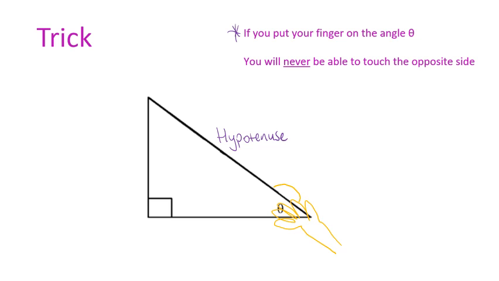So I can touch this side here, which is the hypotenuse, and I can touch this side here, but I will never be able to touch the opposite side. So that must mean this side over here is my opposite, which leaves the last side down here, the adjacent side.